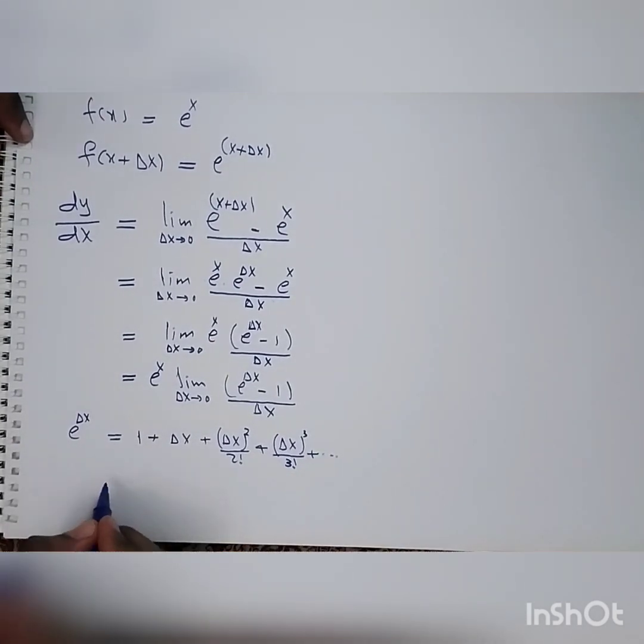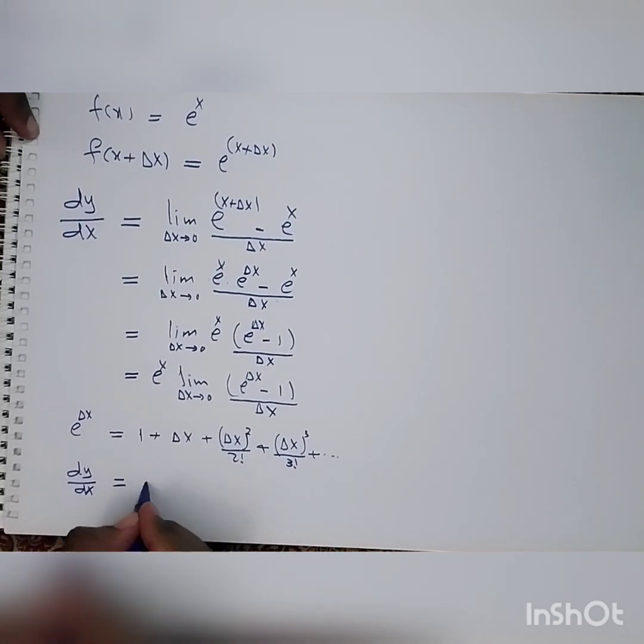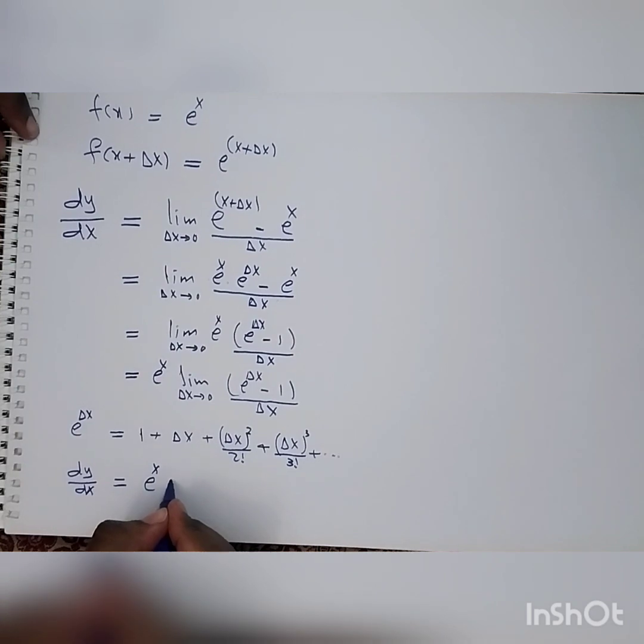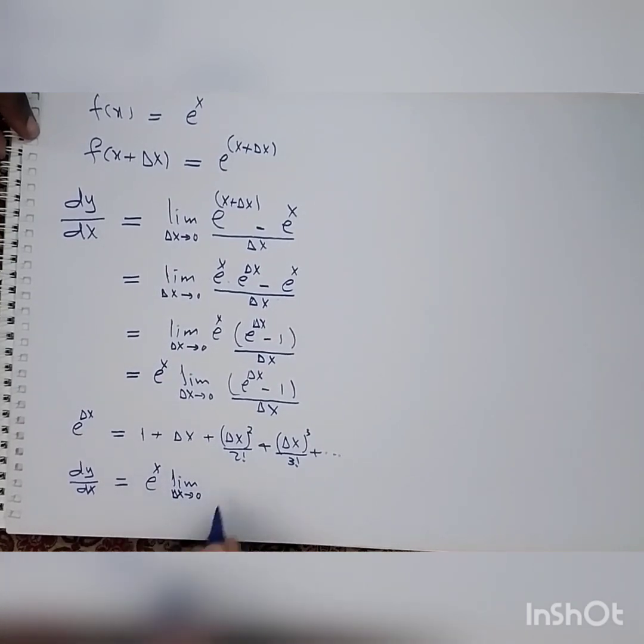So then that means dy by dx will be equal to e to the power x times the limit as delta x approaches 0.